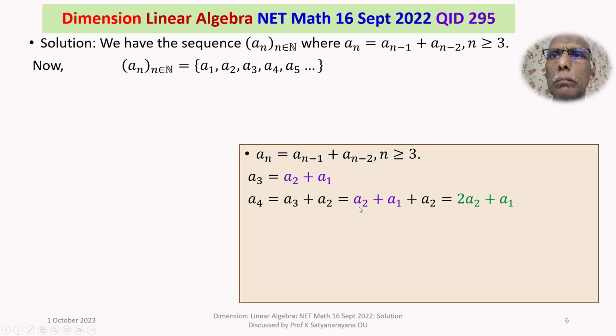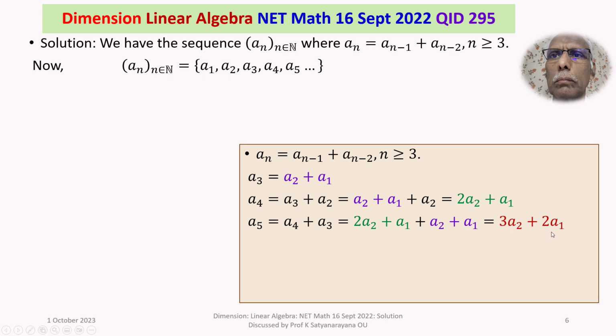For a3, we write the above a2 plus a1, plus a2, that is 2a2 plus a1. a5, for n equal to 5, is a4 plus a3. For a4, 2a2 plus a1. For a3, a2 plus a1.